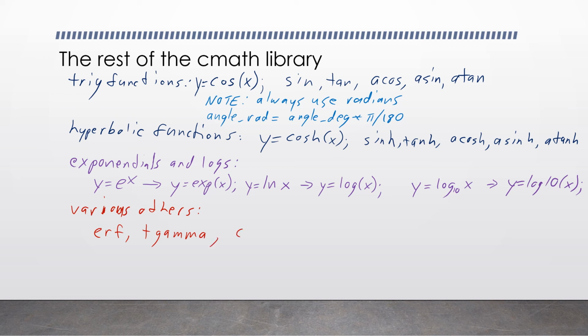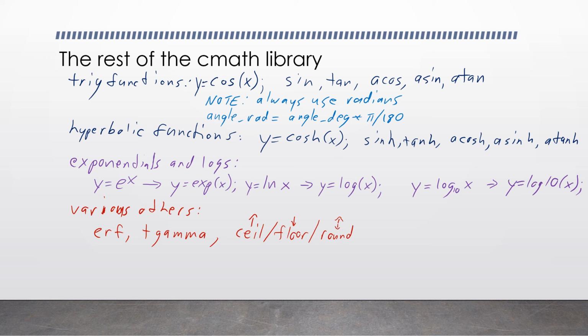There are functions called ceil for ceiling, floor, and round, which convert floating points into integers. Ceiling always rounds up, floor always rounds down, and round, as the name suggests, rounds to the nearest whole number either way.